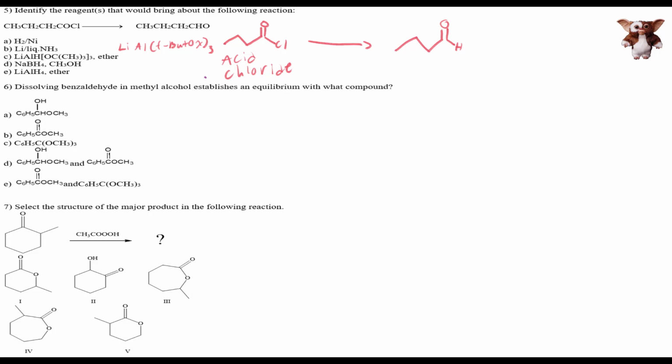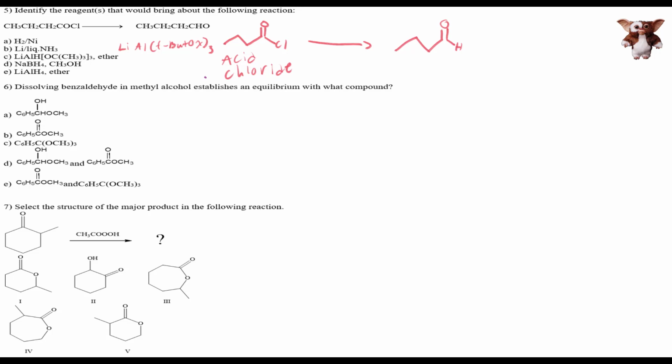So what this allows us to do is isolate the intermediate of an aldehyde. You remember the last reaction where we had an intermediate aldehyde, and then it immediately reacted with another lithium aluminum hydride to create a primary alcohol?